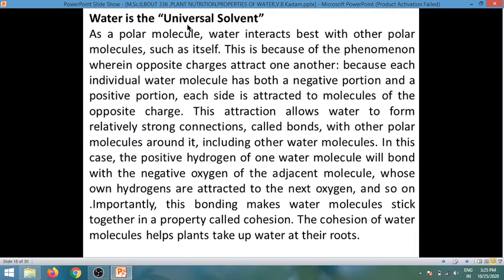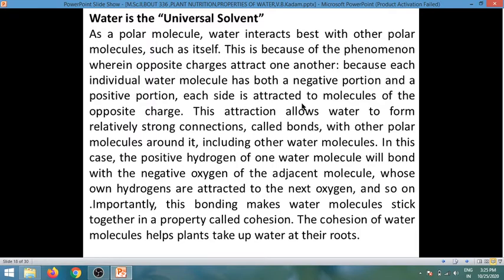Water is the universal solvent. As a polar molecule, water interacts best with other polar molecules such as itself. This is because of the phenomenon wherein opposite charges attract one another, because each individual water molecule has both a negative portion and a positive portion.